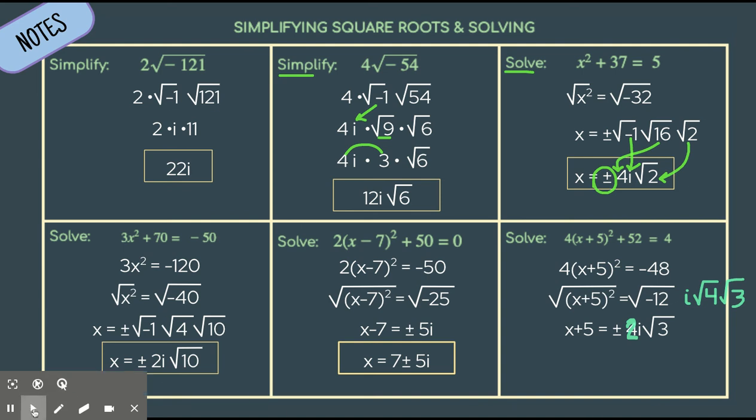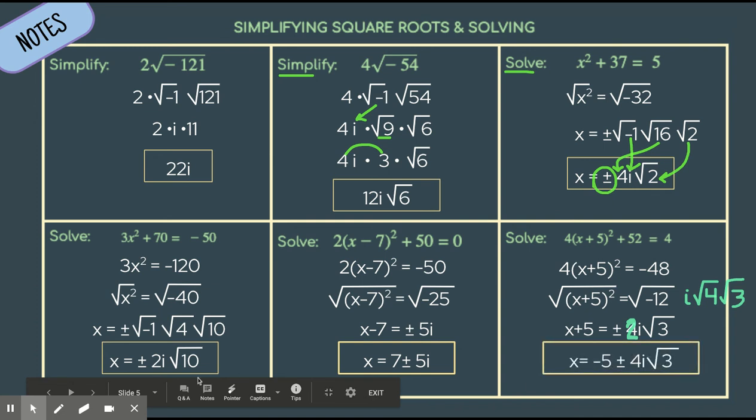That's what happens when you type things up too fast. And then I need to subtract this 5. So instead of a positive, it's going to be a negative 5, plus or minus, that should again be a 2i square roots of 3.